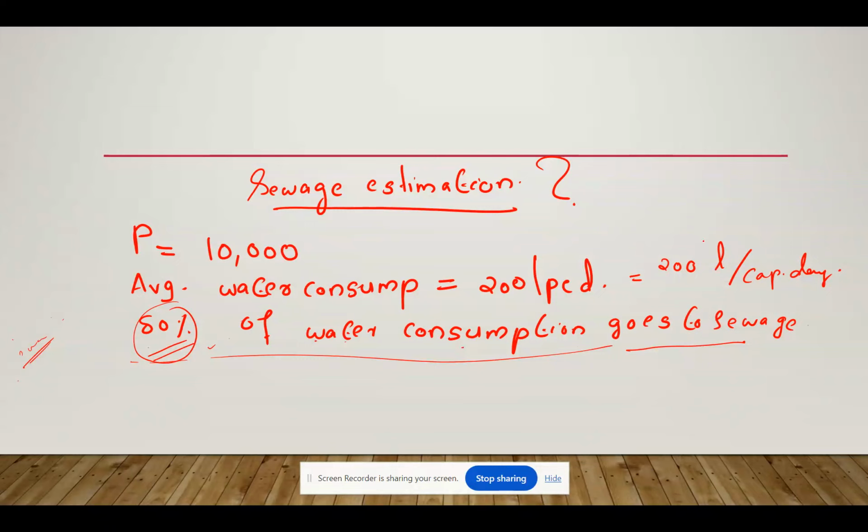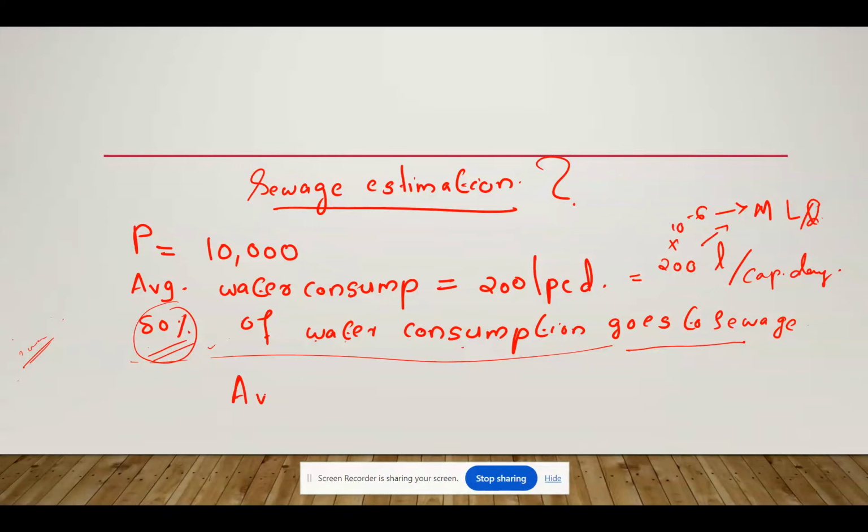Okay, how do you convert this to mld, million liters per day? Yes, divided by 10 to the power 6, or into 10 to the power minus 6, you can say. That will convert into mld, right? So now, I think this you can solve.